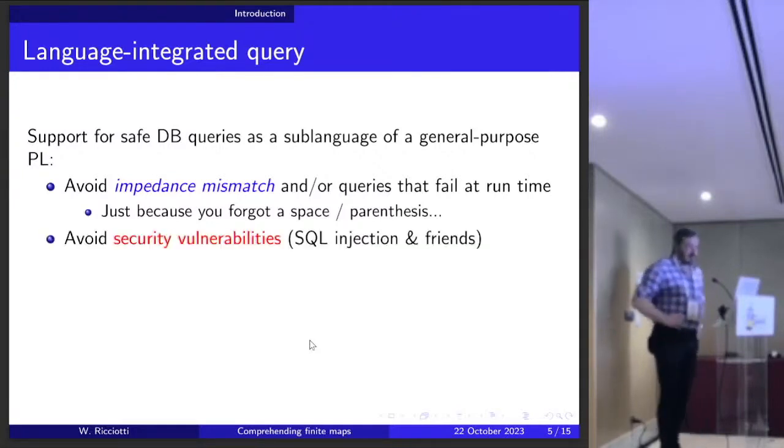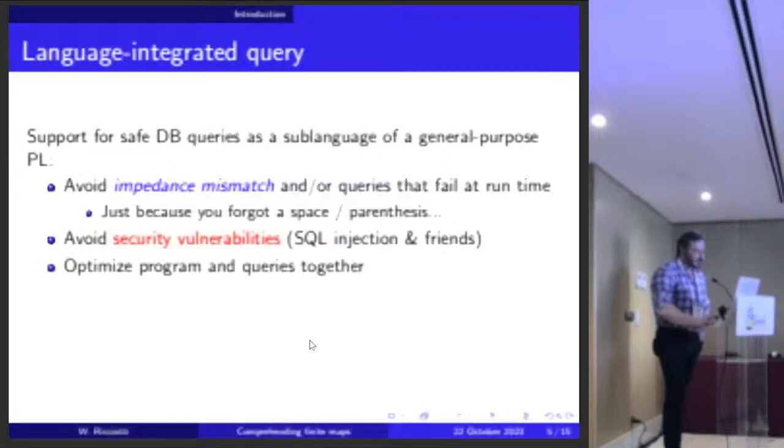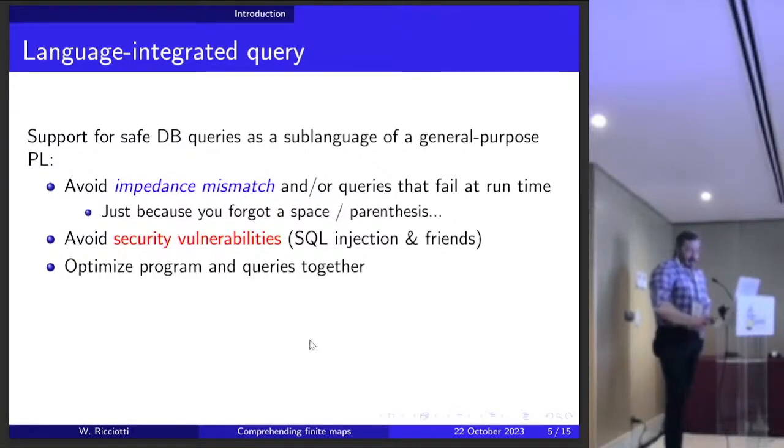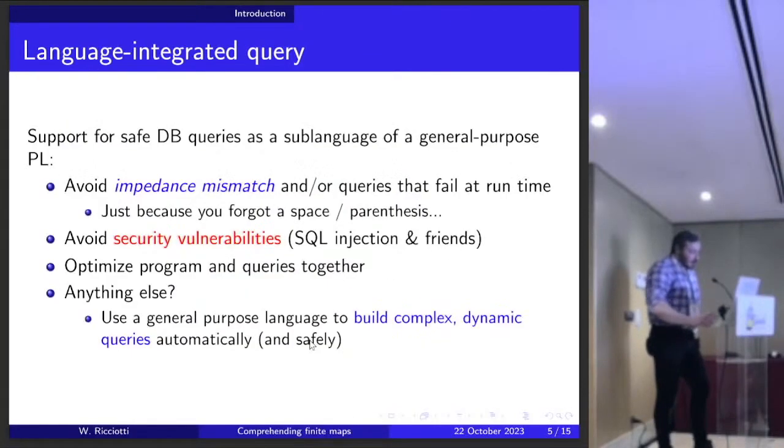This also avoids security vulnerabilities in case you were expressing your queries by string manipulation. You can optimize programs and queries together. And finally, this is basically the reason why we use general purpose languages to drive SQL databases, because in this way we can build complex dynamic queries automatically and safely in the case of language integrated query.